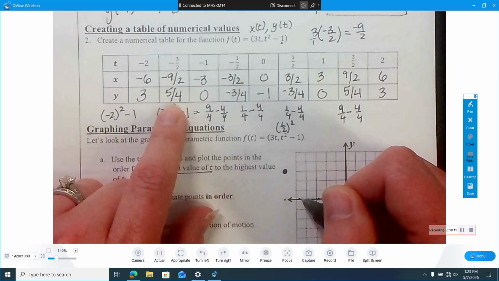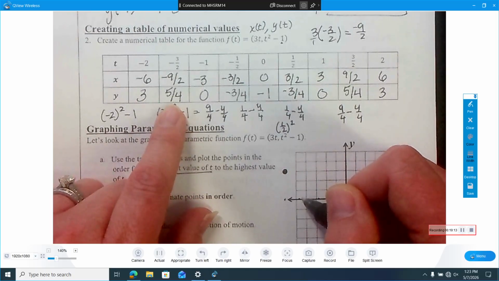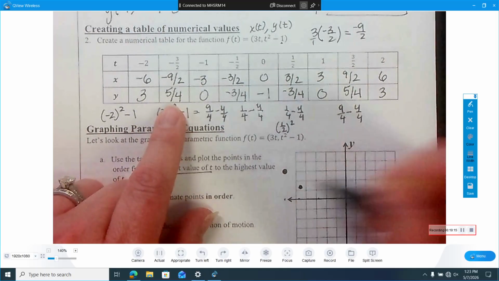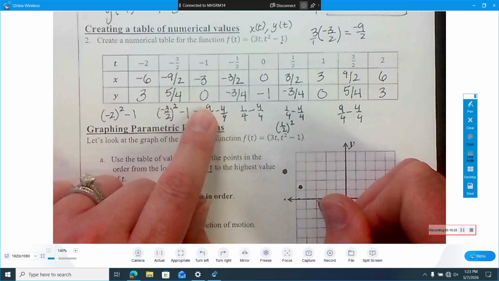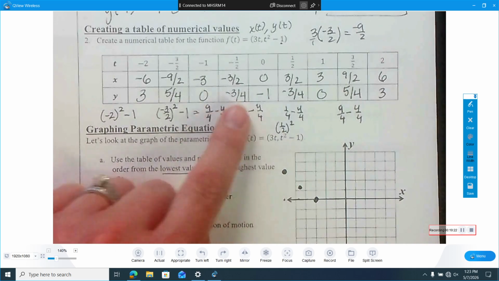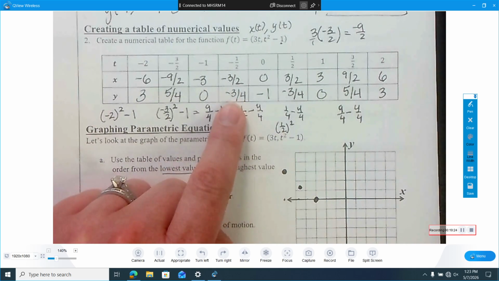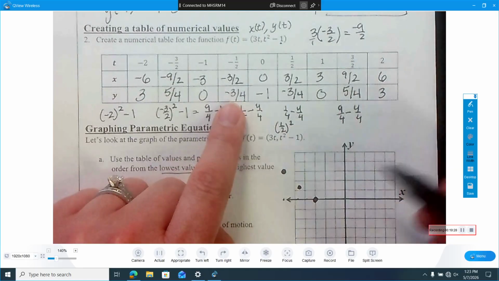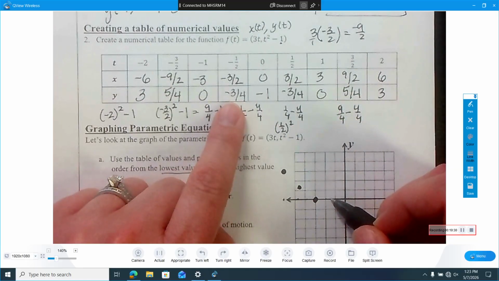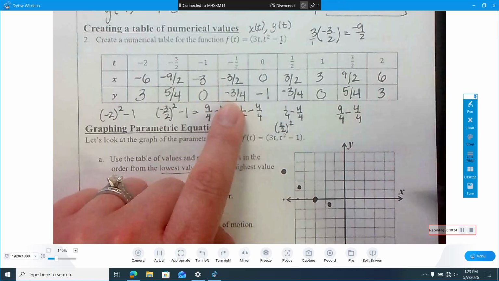And where's 5/4? 1 and 1/4. Very good. So just a little bit above 1 there. -3, 0. Where's -3 halves? 1, -1.5. Very good. And down 3/4, so that's 0.75.